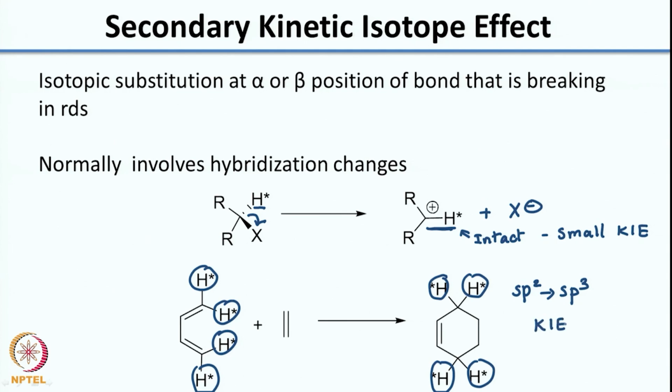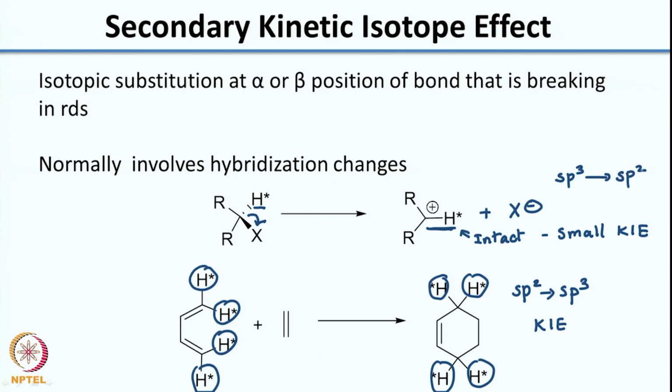So, one thing which will be very obvious to you is that if you compare magnitude, that is the value, the magnitude for primary kinetic isotope effect would be larger than a secondary kinetic isotope effect. But then you still observe a kinetic isotope effect whenever there is a change in hybridization. So, in the first example you had sp3 going to sp2, and in the second example you had sp2 going to sp3.